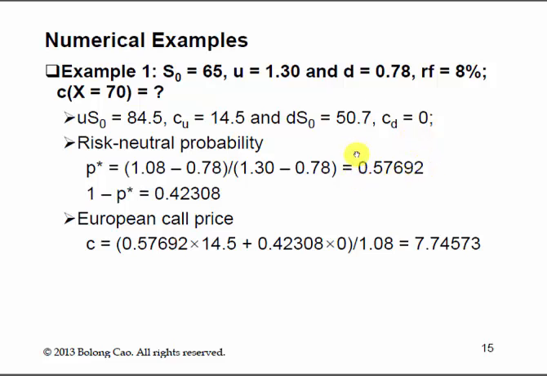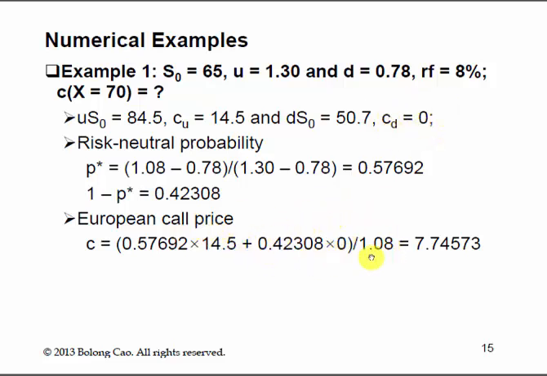Again, it's P star times the upstate call payoff, 14.5. So 0.57692 times 14.5 plus the downstate probability times the payoff in the downstate to the call option, which is 0. So this whole thing is 0.